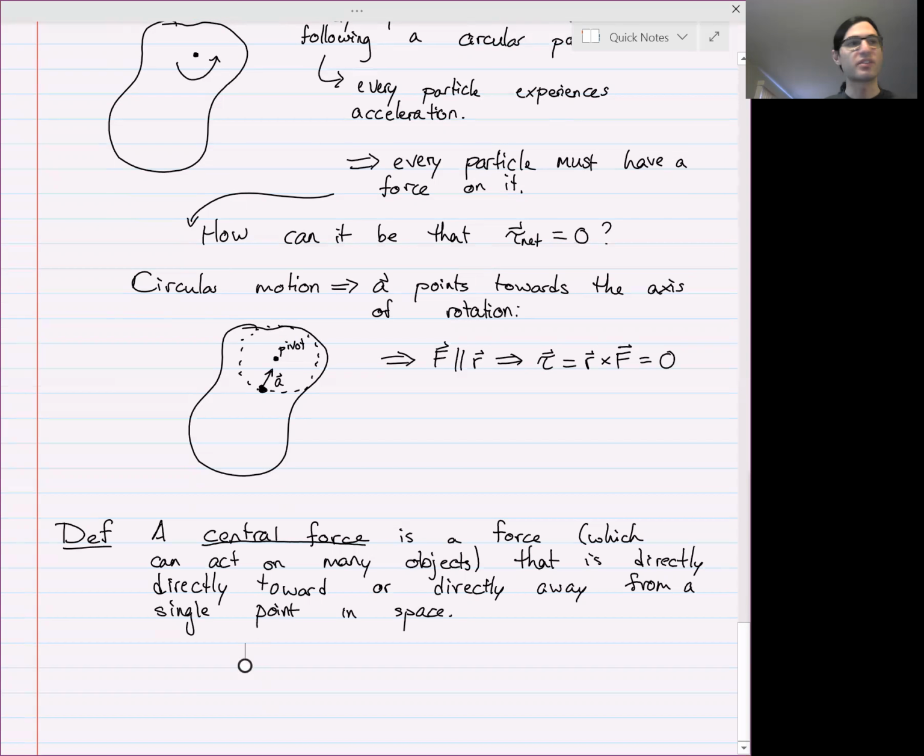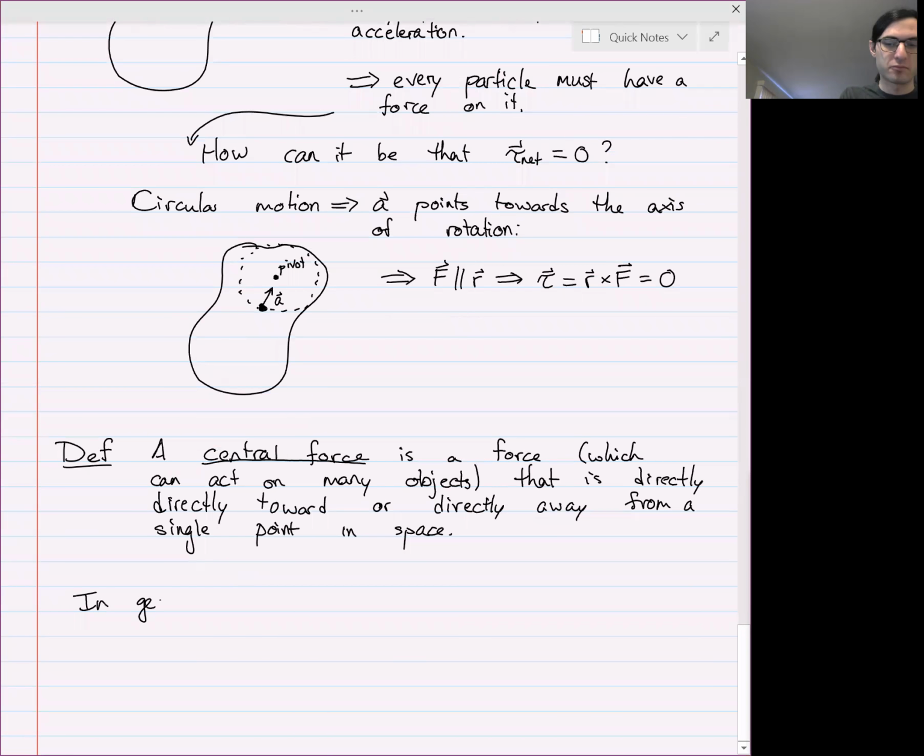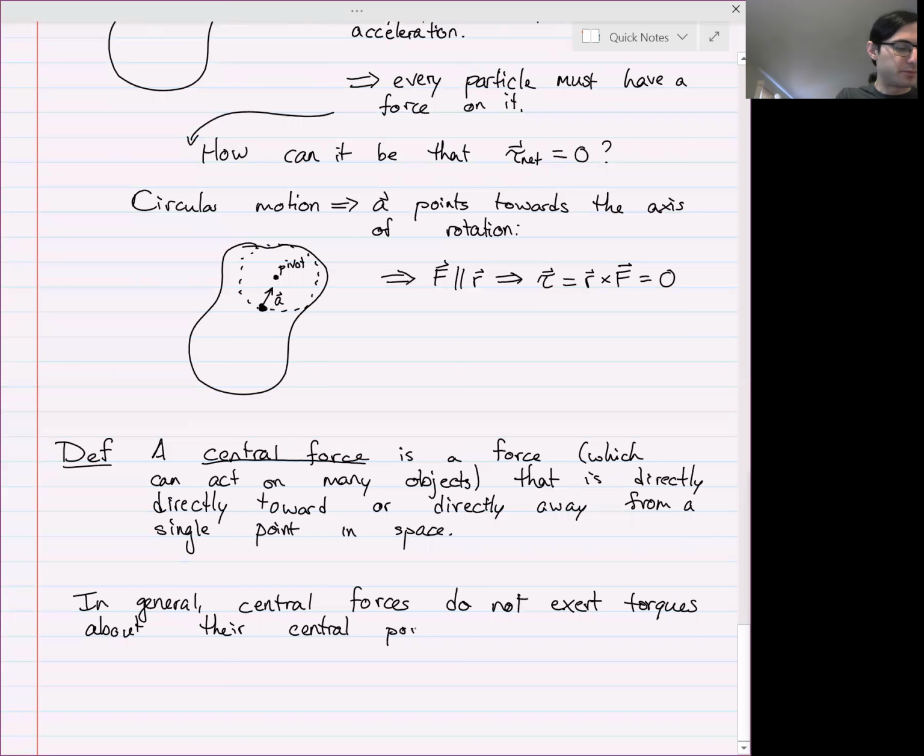So what this is all to say is that in general, central forces do not exert torques about their central point. And the reason for that is precisely the reason I gave above, which is to say that if the force points towards some pivot point, then that force will produce no torque.